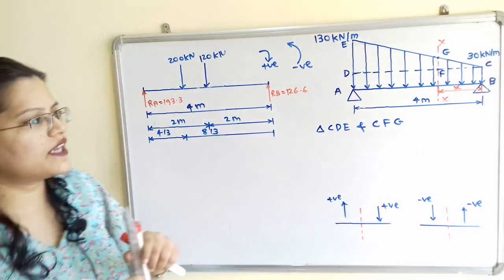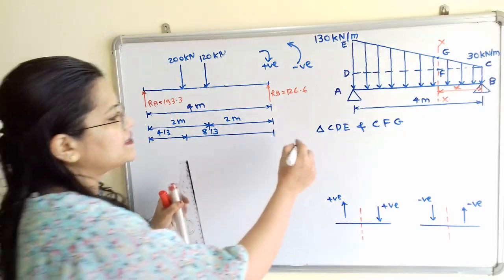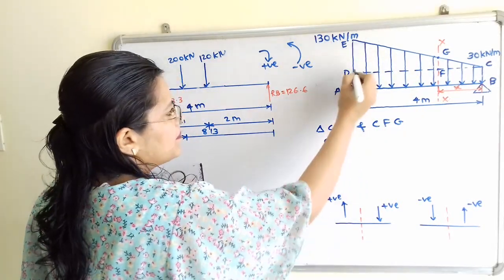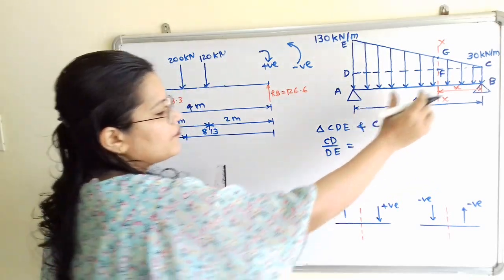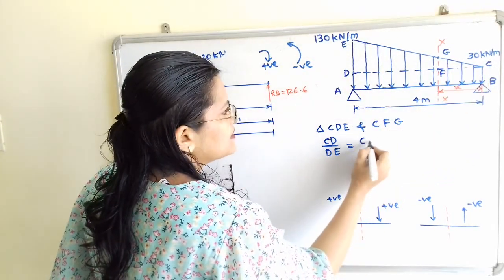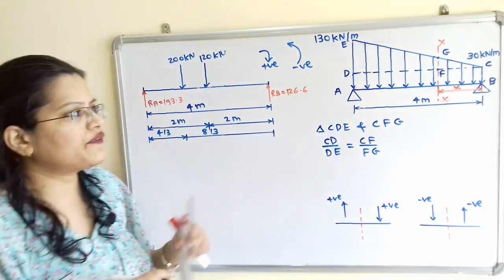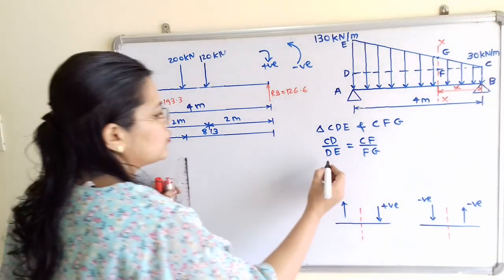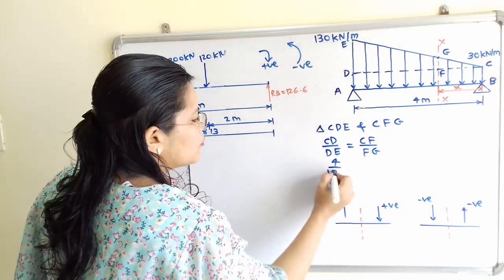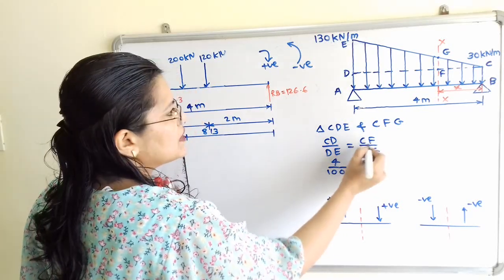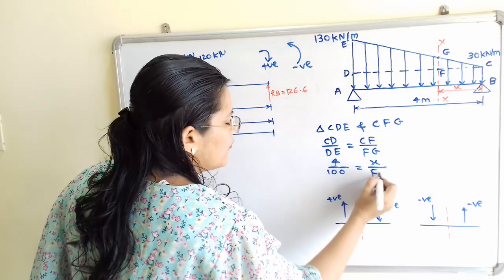Now we will take the ratio of base to height. For the first triangle, base CD divided by height DE is equal to, for the second triangle, base CF divided by height FG. Now we will put in the values. The value of CD is known, that is 4 meter. DE is 100 kilonewton per meter, is equal to CF, where CF is equal to x, and FG we have to find out.